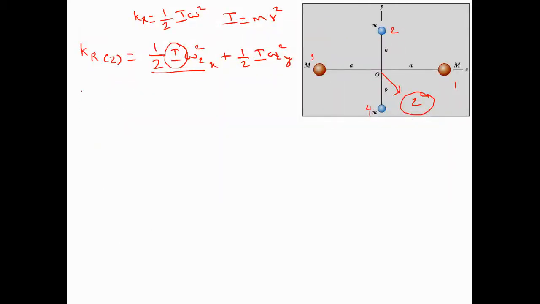The answer for this question is nothing but the kinetic energy of rotation about the z-axis, which is half I omega 1 square plus half I omega 2 square. Am I right?